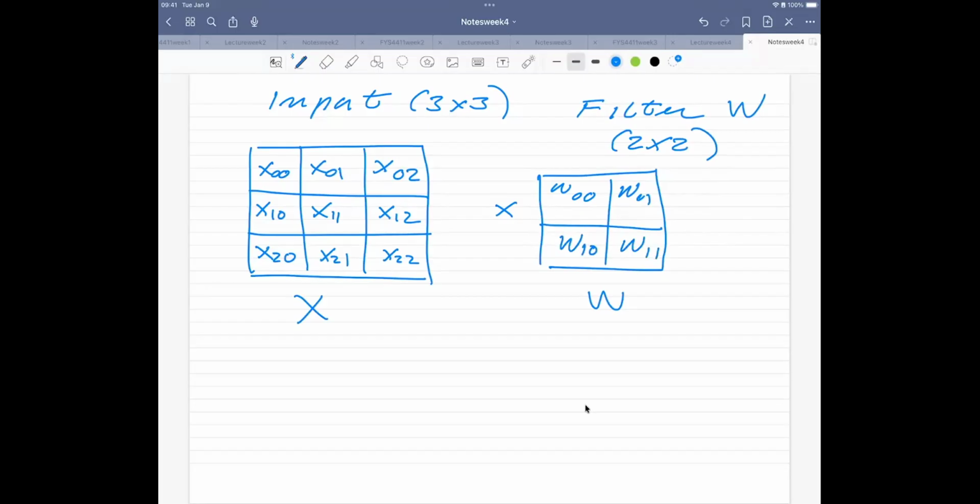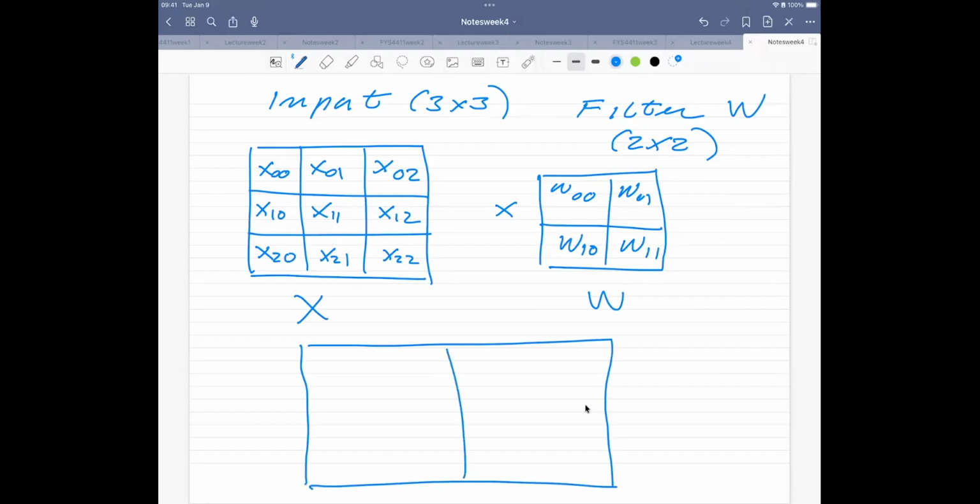So the process of convolution, which I'm coming back to the mathematical expression, what I'm going to do now is simply to set up the final result, which is going to be a 2x2 matrix. So we have reduced the original dimension, which is a 3x3, by a 2x2 matrix via a 2x2 filter.